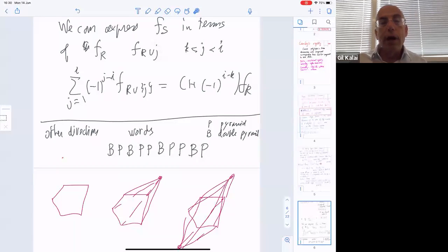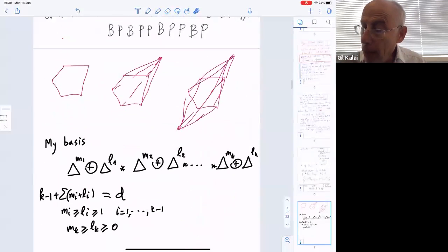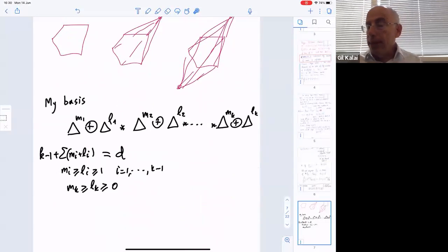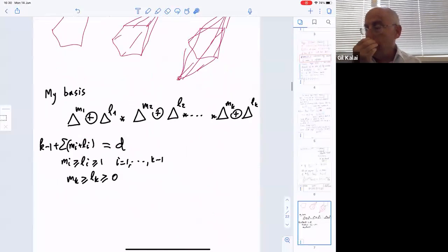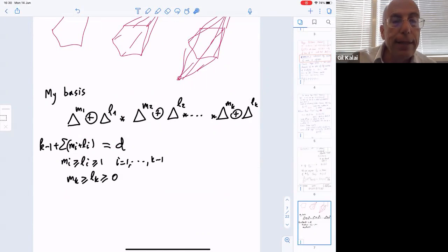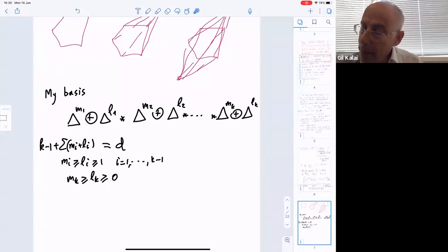This gives you a Fibonacci number of polytopes, and it turns out that the flag numbers of all these polytopes are affinely independent. I should say that I myself had another construction of such a basis of polytopes, which has several other advantages. I can describe it very quickly.